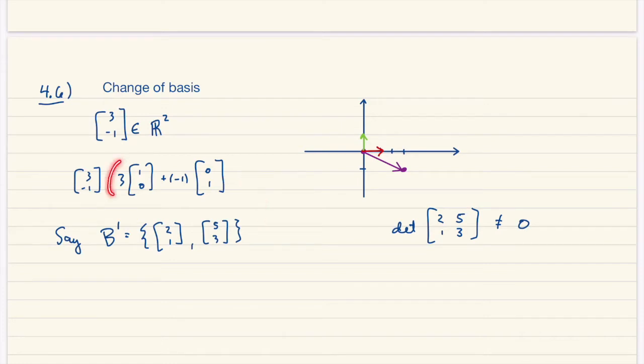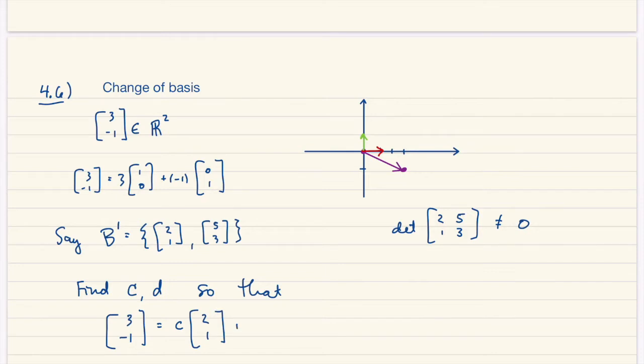How do I find these constants so that I can write this vector, (3, -1), as a linear combination of our two basis vectors? So what I really want to do is find values of c and d so that I can write our vector (3, -1) as a linear combination of our two basis vectors, (2, 1) and (5, 3).